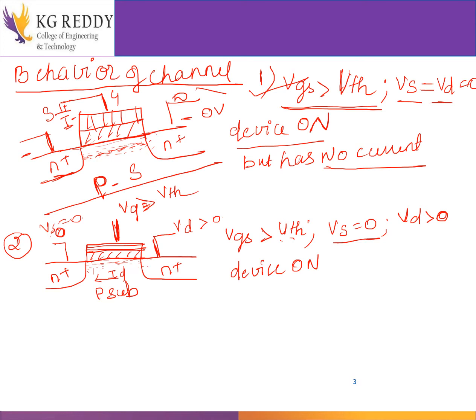But one thing we need to observe is the density. Assume I'm giving the gate voltage as something like 1 volt.